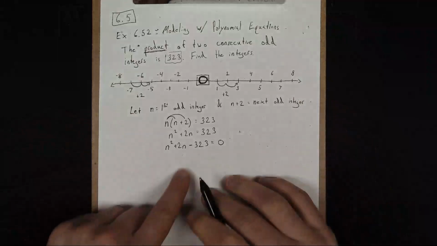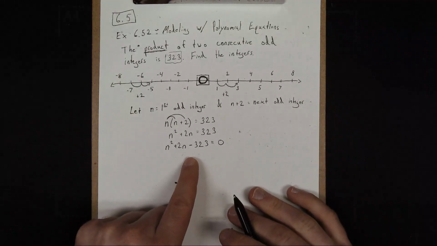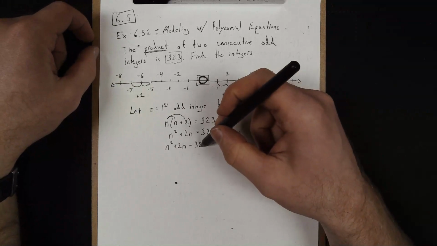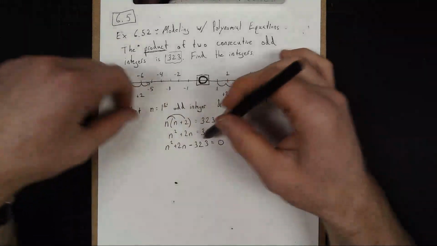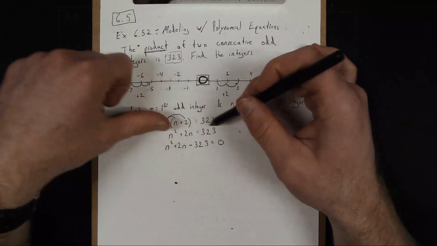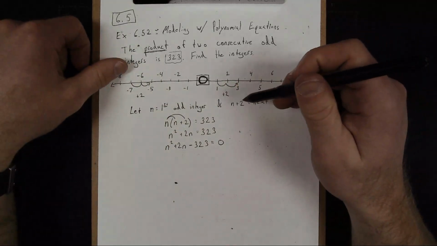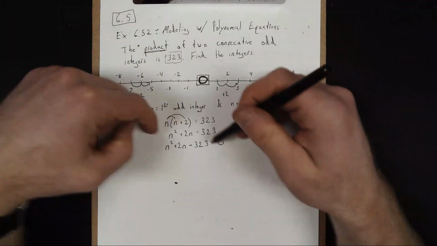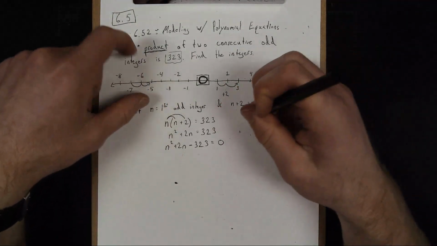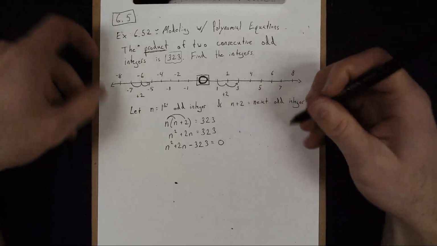Okay, and now here's where a bit of math is involved, and I'm going to show you the quickest possible way to solve this. We need two numbers that multiply to be negative 323, but add to be 2. I don't even know what numbers go into 323, so I'm going to have to start dividing here. Let's just go down the list.